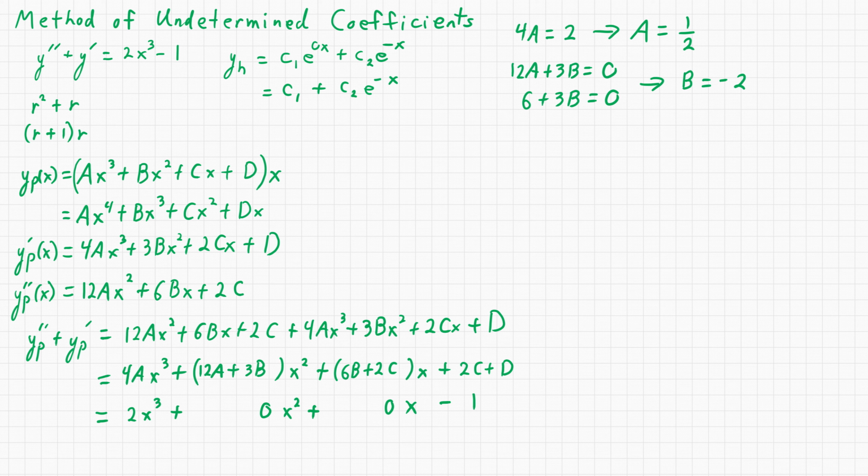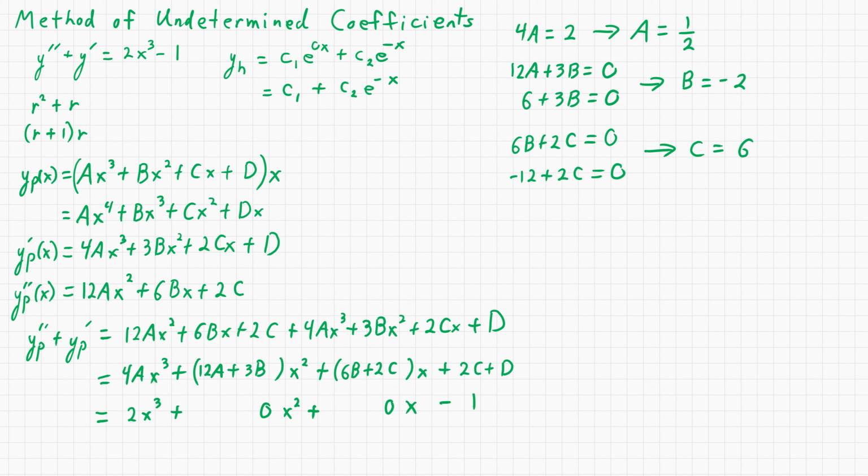All right, well that's that one, and then moving on I have 6b plus 2c. That has to equal 0, because there are 0 x's on the right-hand side. And I know b is -2, so this is -12 plus 2c equals 0. So that's going to mean c is +6.